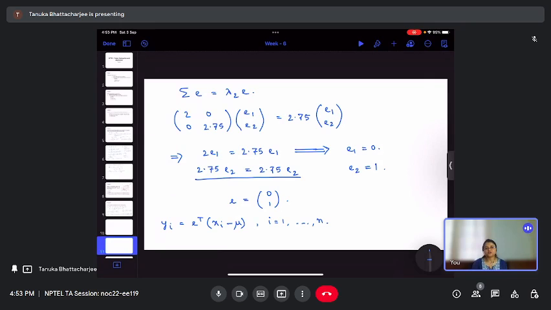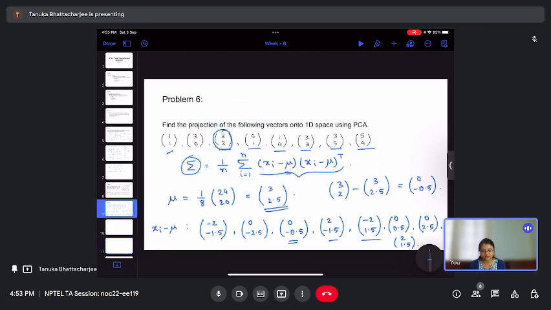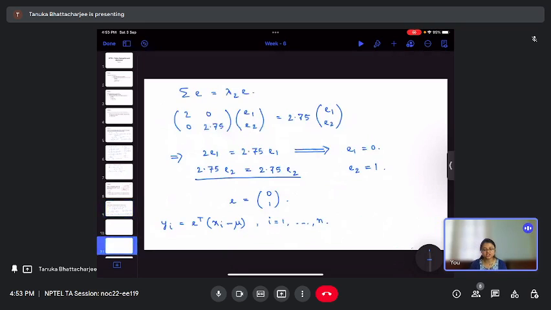As you have already derived in the class for PCA, your projected data will be E transpose (xi minus mu). So, xi minus mu you have already computed for all the data points. So, here you have the xi minus mu for all the data points. You simply have to take the inner product of E with these xi minus mu points to get the final projected data, and your E is 0, 1.